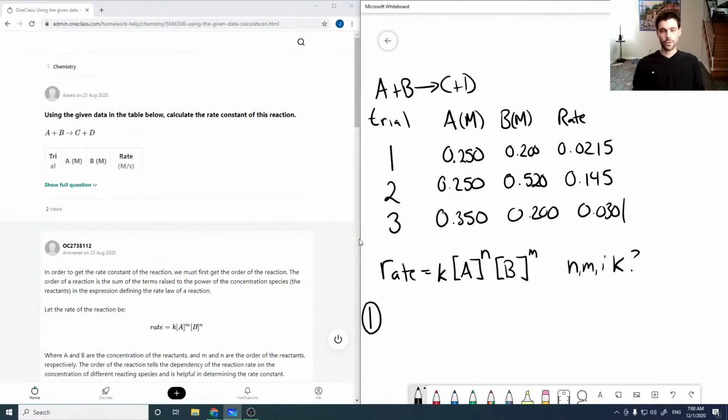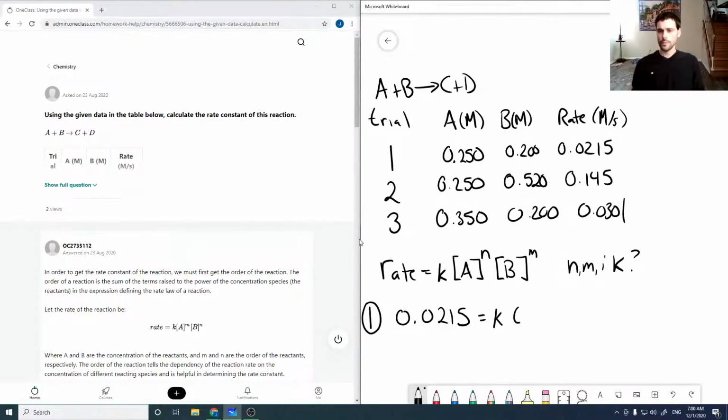So from the first trial, we have 0.0215, and I should put that the units on this are molars per second. But in solving it, just for clarity, I'm going to drop the units.